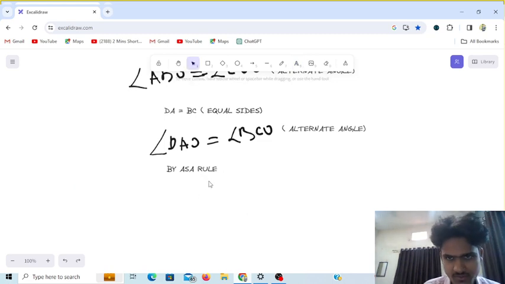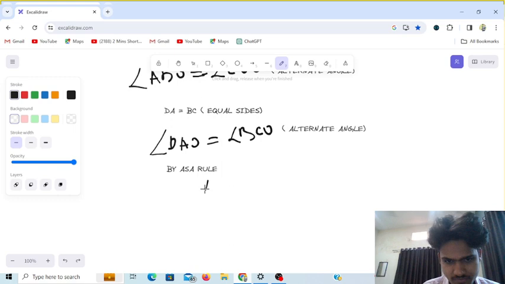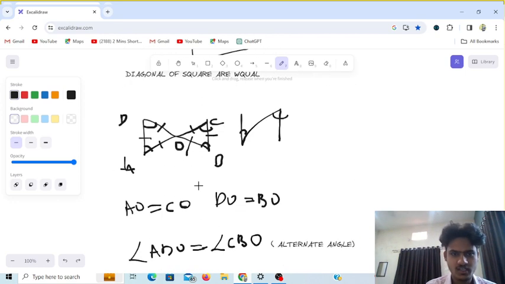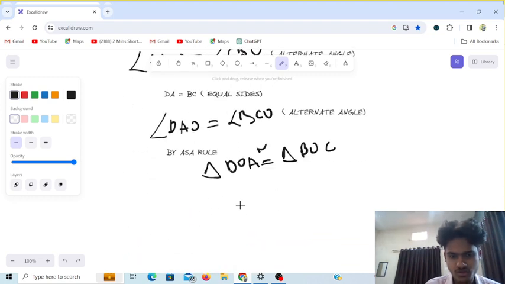Then we can write triangle DOA is congruent to BOC, meaning similar.